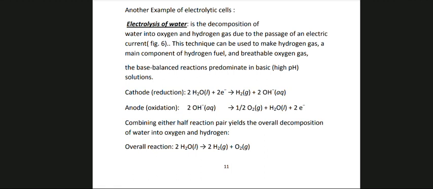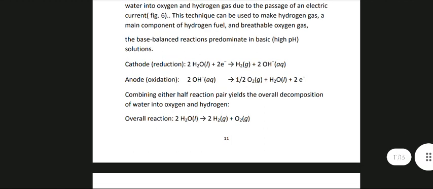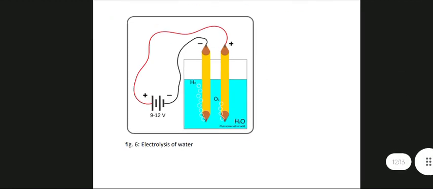Anode oxidation: 2OH- aqueous gives half O2 gas plus H2O liquid plus 2 electrons. Combining either half reaction pair yields the overall decomposition of water into oxygen and hydrogen. Overall reaction: 2H2O liquid gives 2H2 gas plus O2 gas. The number of hydrogen molecules produced is thus twice the number of oxygen molecules.